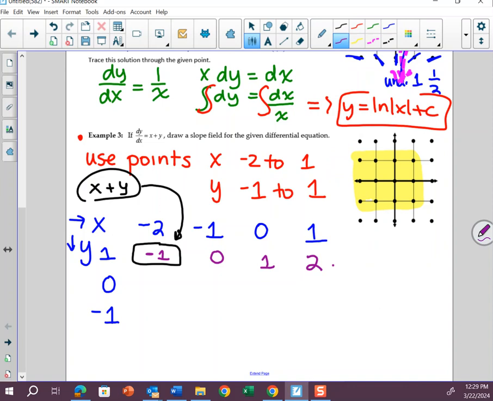I could take that whole set of slopes and put those on my graph. If I organize it like this, then I can go to the point -2, 1. And there's my -1 slope. There's my 0 slope right next to it at -1, 1. And there's my 1, and then there's my 2.